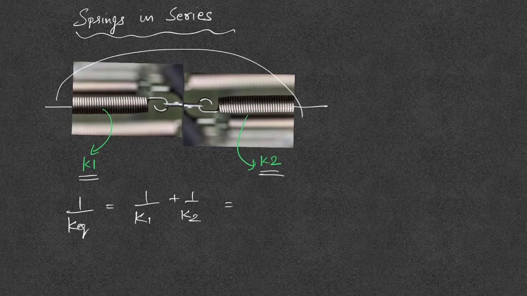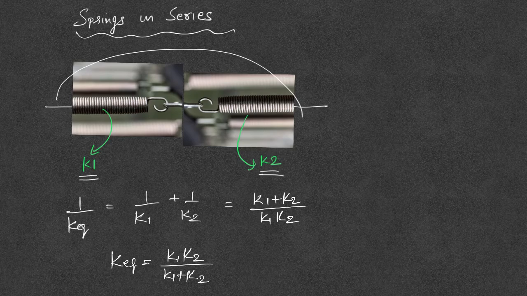If you solve this, we get K1 plus K2 upon K1 K2. So you can also write it as K equivalent equals K1 K2 upon K1 plus K2. Very important formula for understanding the equivalent spring constant when two springs are connected in series.